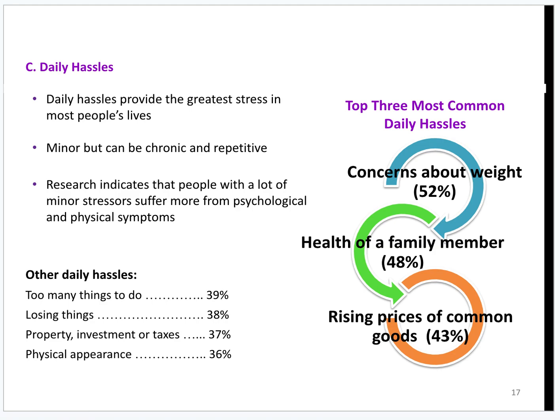Worried about your physical appearance, what your hair looks like, what your skin looks like, maybe your clothes, anything physical. So the 3 most common daily hassles: weight, family member, rising cost of goods. I imagine this one would probably shoot up to the top if they were to do that this year, as you watch the prices of food and groceries, and going through a drive-through has gone crazy.